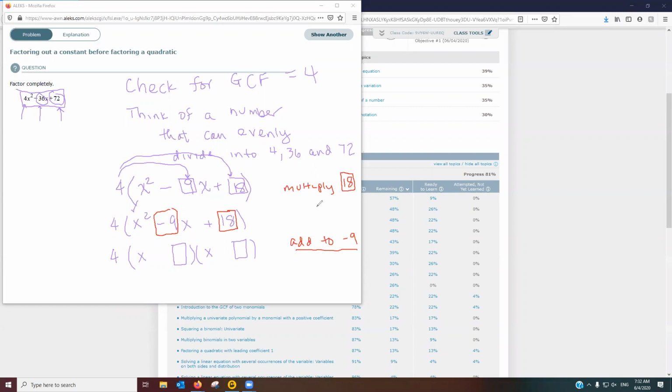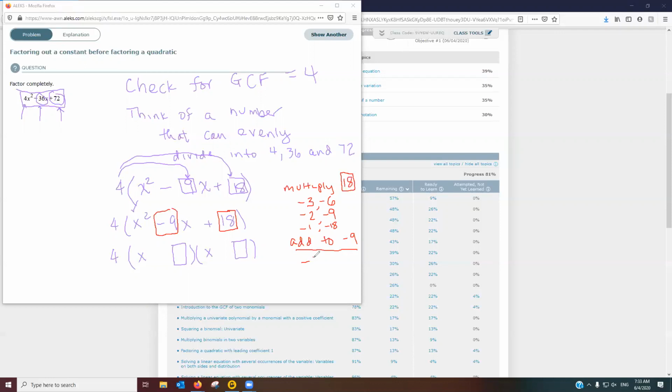So let me think of two numbers that would multiply to 18. They have to be negative. Well, I could use negative 3 and negative 6. I could use negative 2 and negative 9. Or I could use negative 1 and negative 18. Those are my choices. But I need the numbers to add to negative 9.